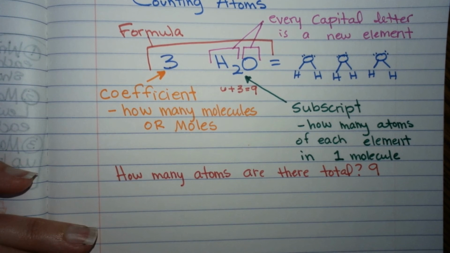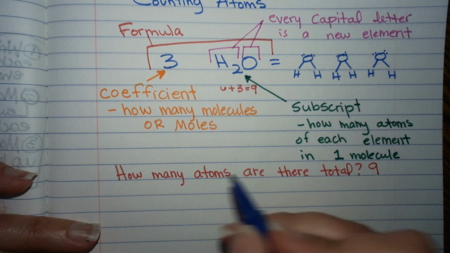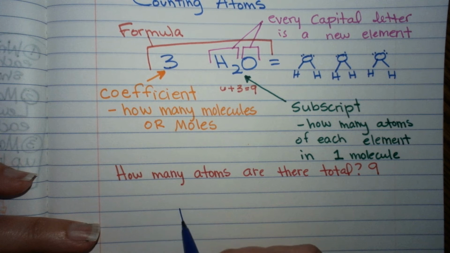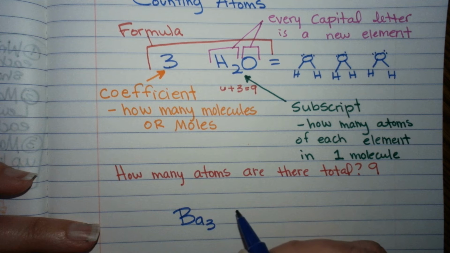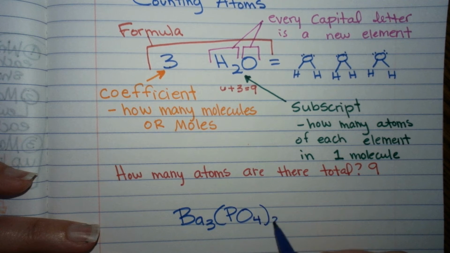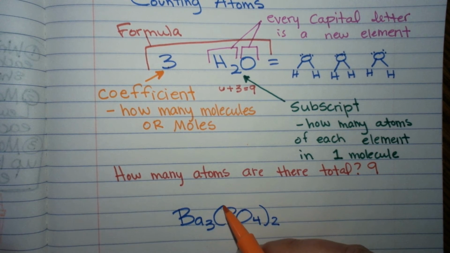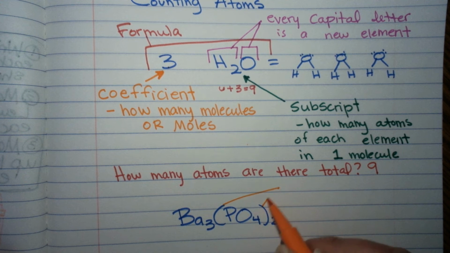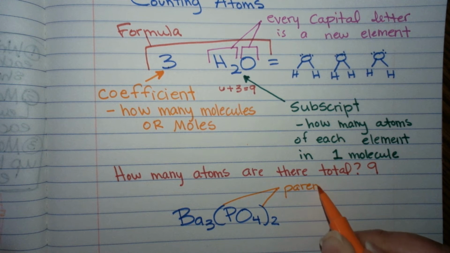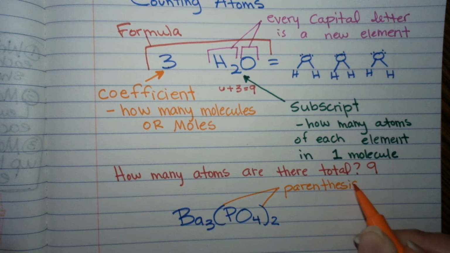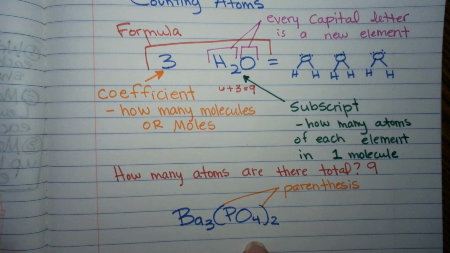But let me show you one that's just a little bit tougher. It gives you a little bit of a wrench in the works. If I have a formula that looks like this, now we have these parentheses. Think about math. When you have something in parentheses, that's kind of its own entity. It's set aside.